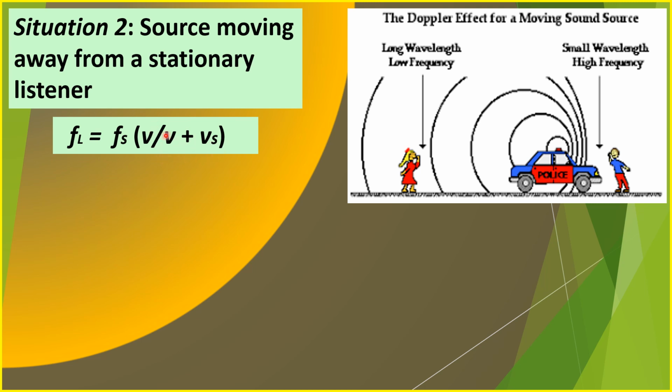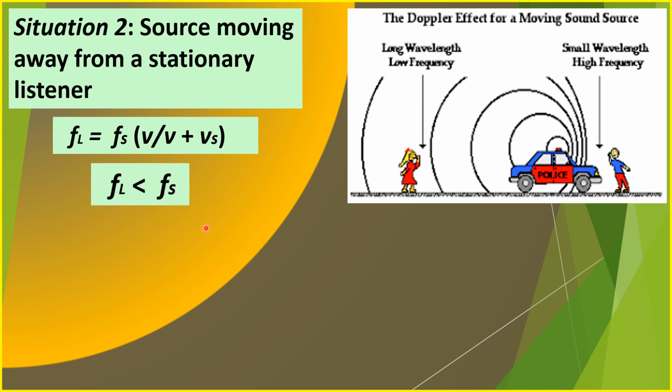So if you analyze this further mathematically, you will find out that the ratio inside this parenthesis will be a number that is less than 1, which means that the observed frequency FL will be lower than the frequency of the source. FL is less than Fs.